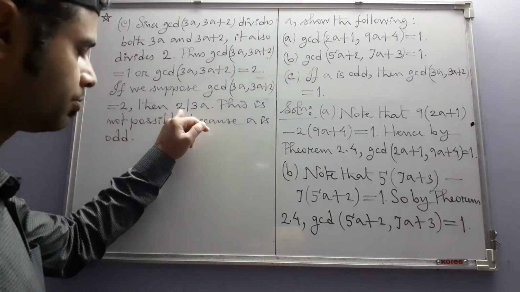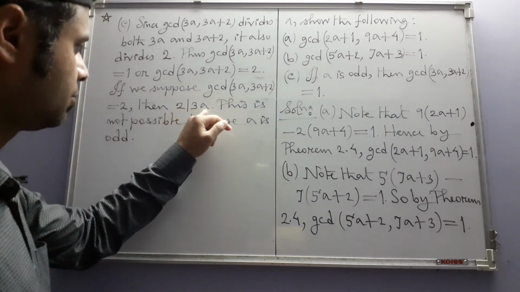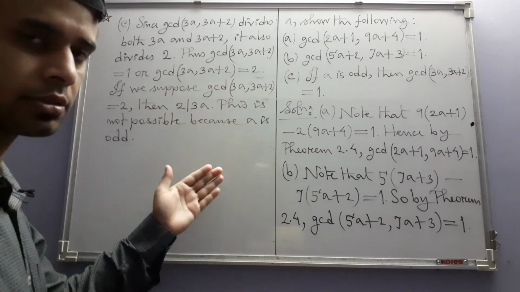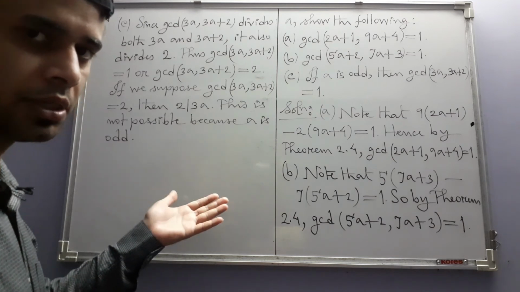Since 2 is a prime, it should divide either 3 or a. 2 does not divide 3, so that means 2 has to divide a. That is, a should be even.